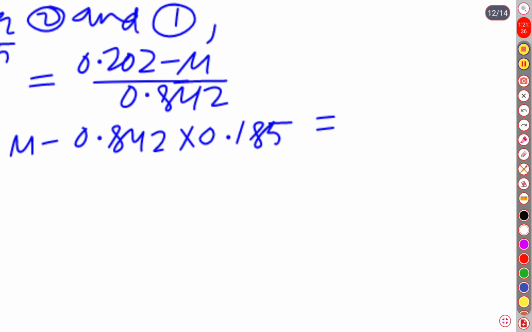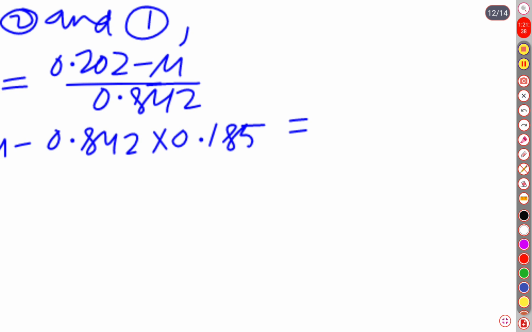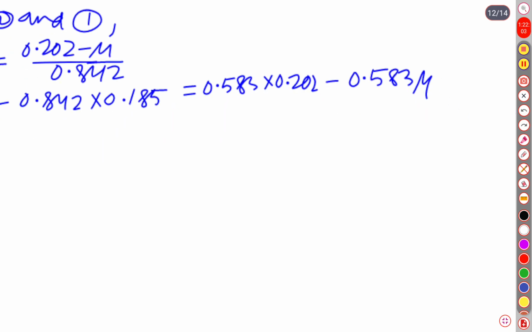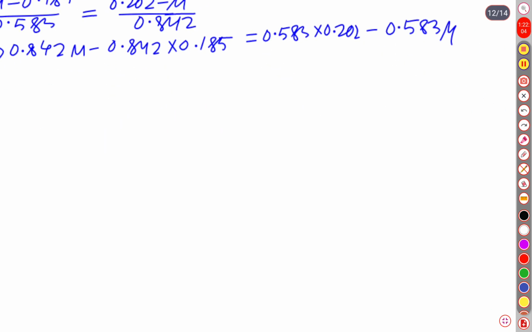So 0.583 into mu minus 0.202, minus 0.583 mu. After that, if we simplify this, let us make mu the subject.